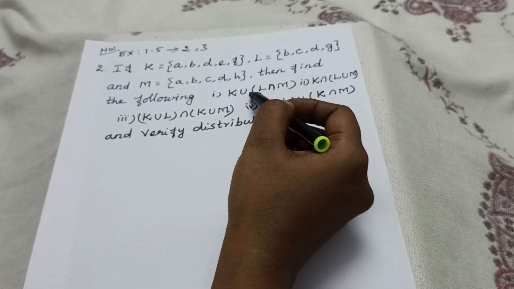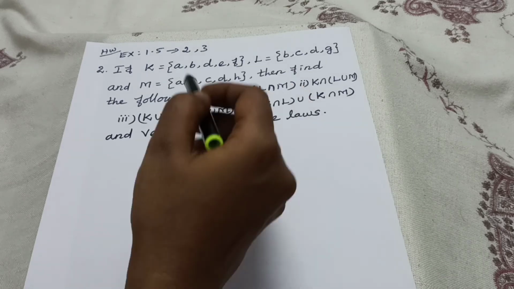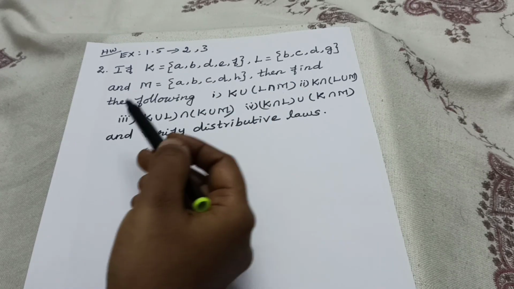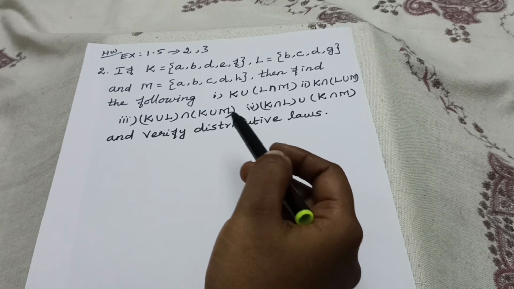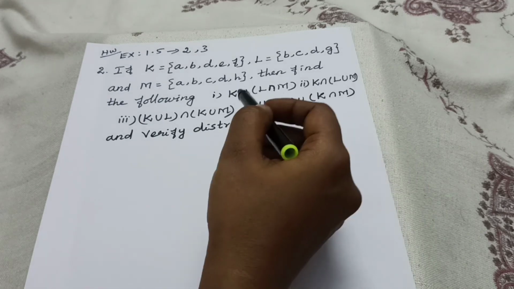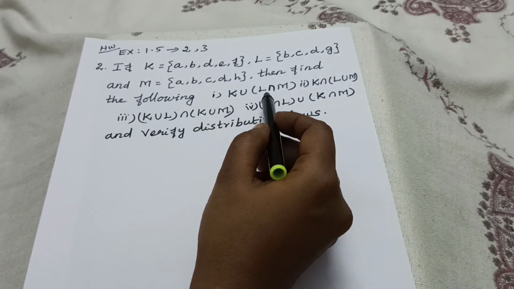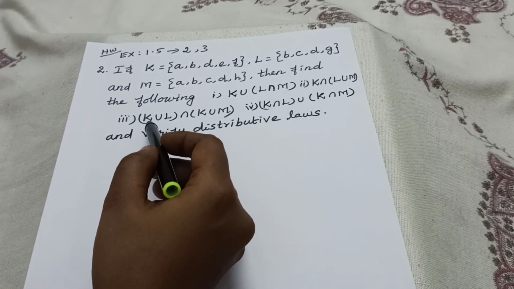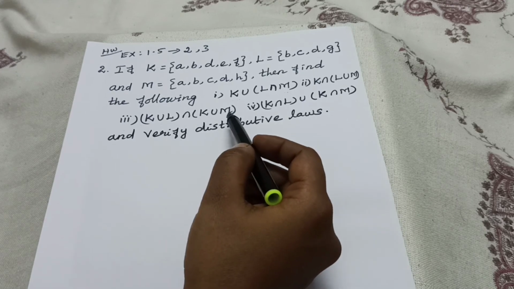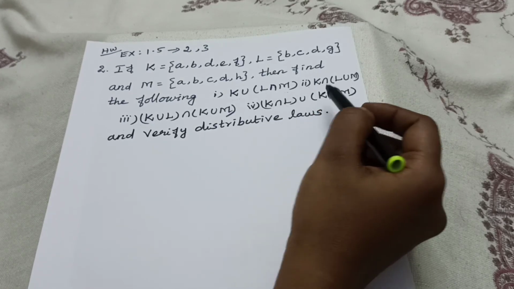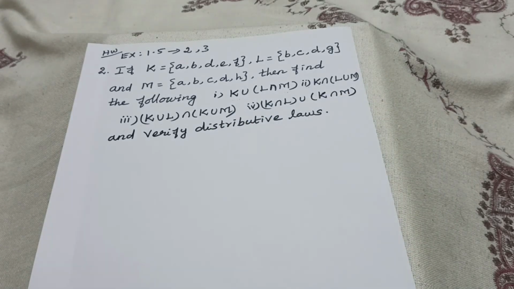Maybe these 2 equal answers will come, first and third equal answers you will get. So we can write what? We can verify distributive law. K union L intersection M is equal to K union L. This one you will get. Like that second and fourth equal you will get. So verify distributive law. Like that you should write the answer.